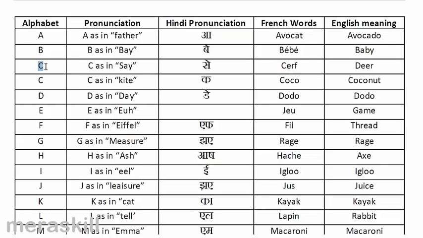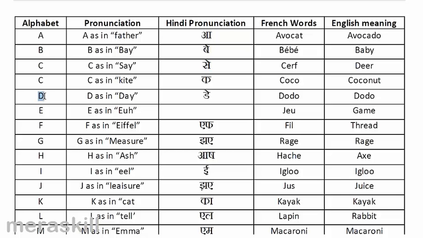But the same letter C, if I put it in front of an A or an O, the sound becomes a K, as in coco, cream. So C has two pronunciations, se and ka, when we are using it in a word. These are the first three letters: A, B, C.